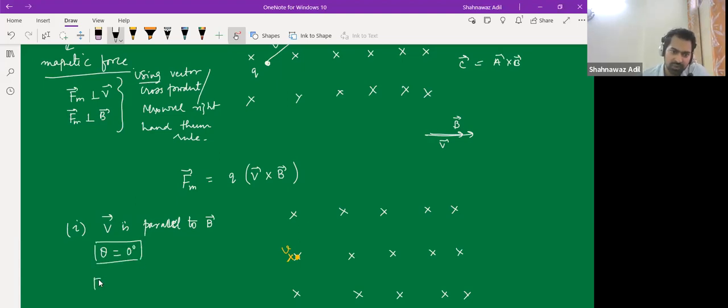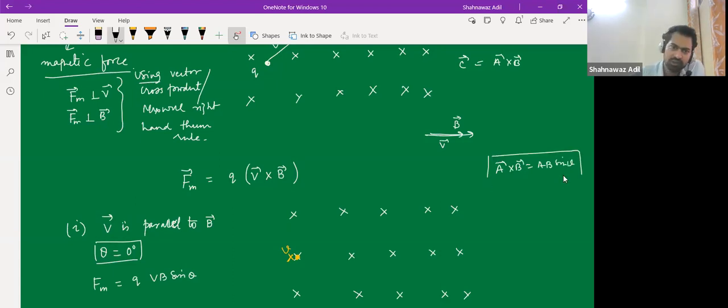So magnetic force would be how much? This would be Q and VB. Let me calculate the magnitude: QVB sine theta, because A cross B is AB sine theta.